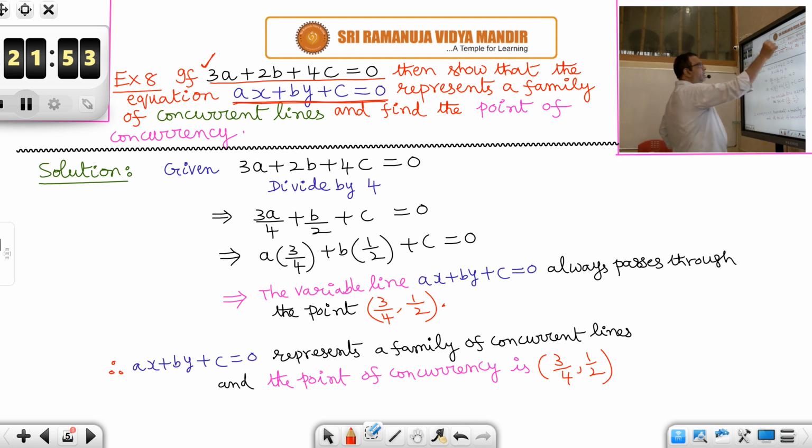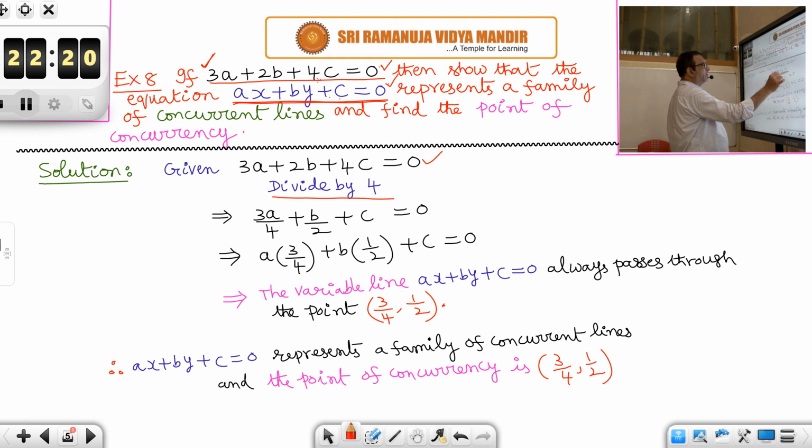See, this is the condition for a, b, c and this is the variable line, is it not? Here you find that c has coefficient 1 only in the equation, whereas in the condition 4 is there. Therefore, what I am doing is dividing by 4 and making it also 1. First I have taken the condition, 3a plus 2b plus 4c is equal to 0.